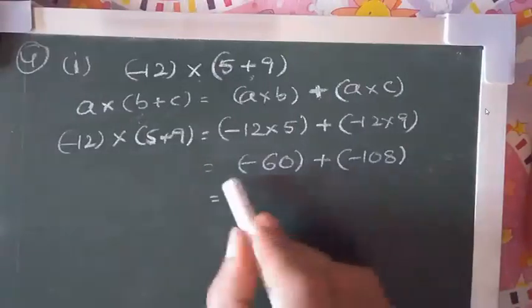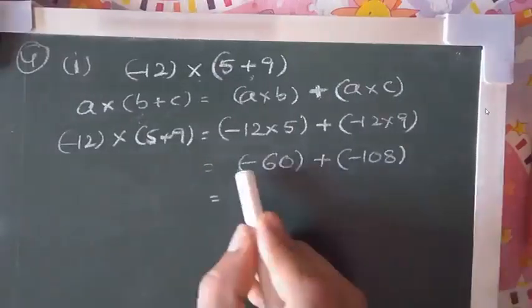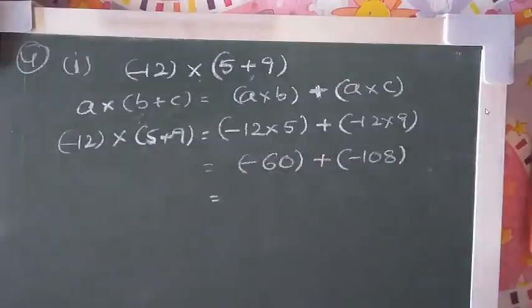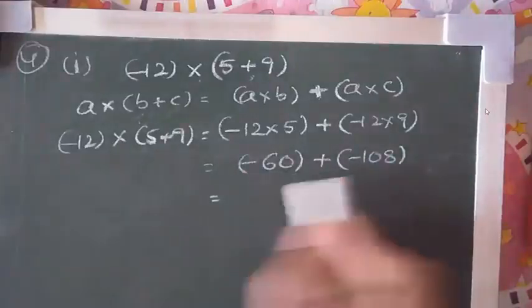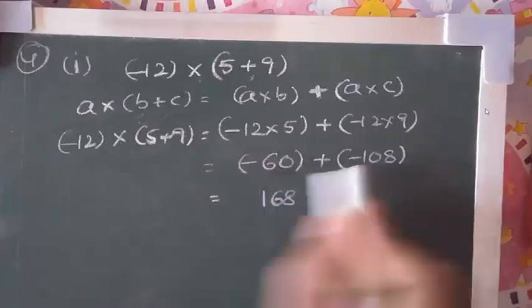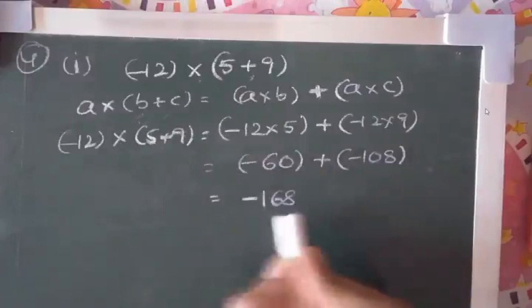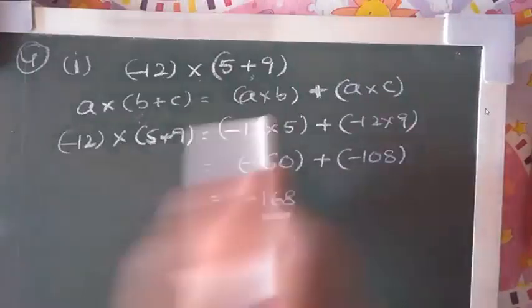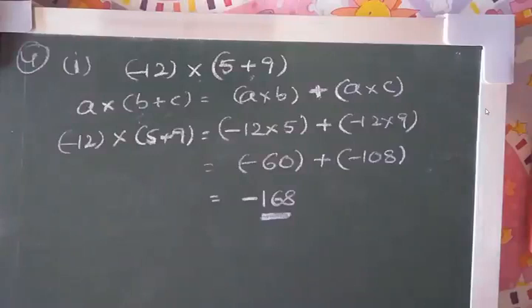So now here it is addition only. So minus 60 minus 108, you are adding two numbers which have the same sign. So add, that is 168, and put the sign which is common to both, which is minus 168. Here we are using which property? Distributive property of multiplication over addition.